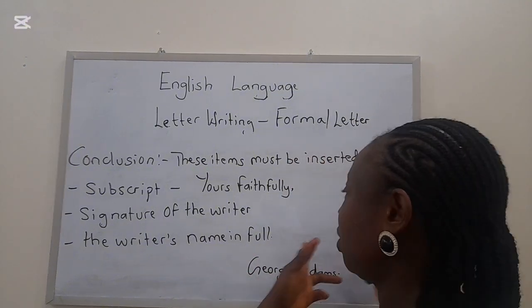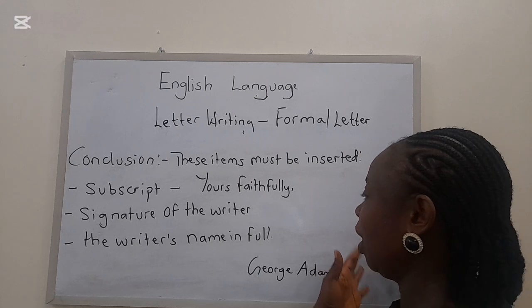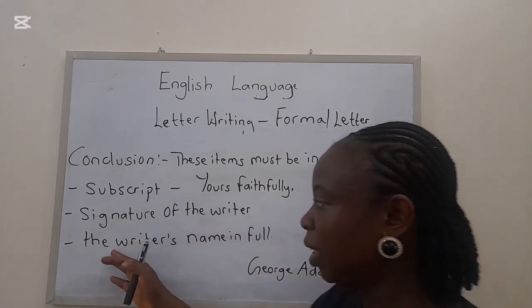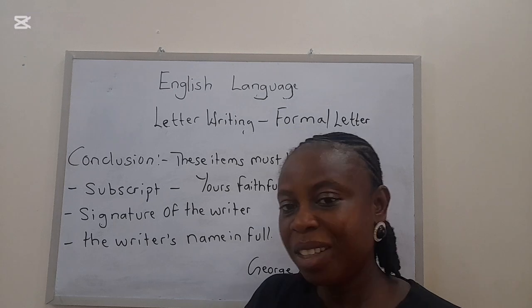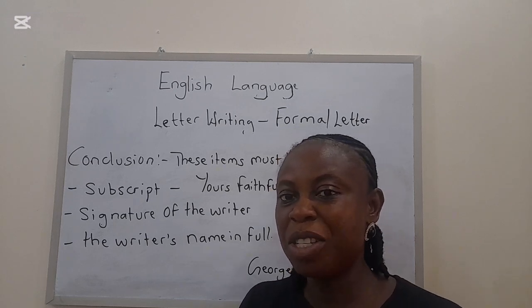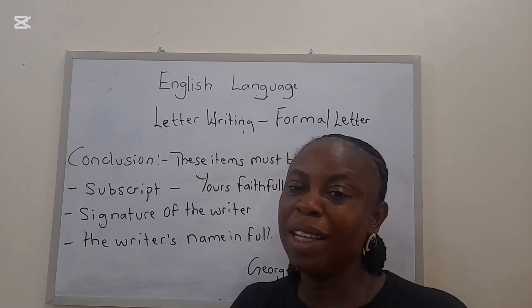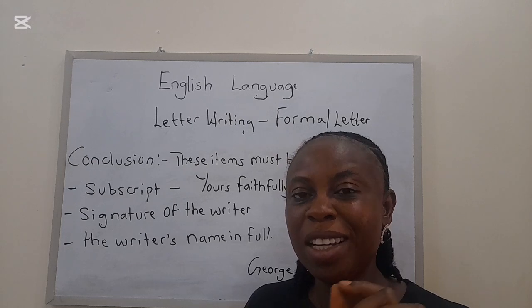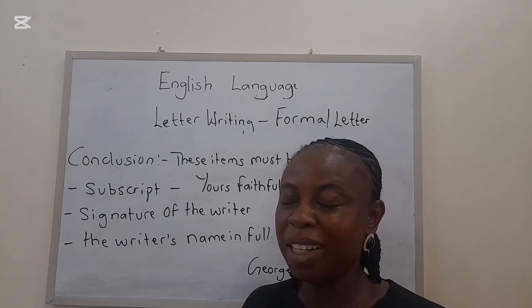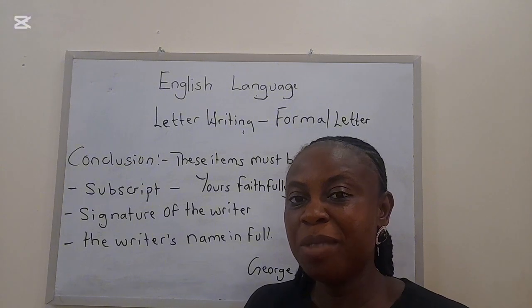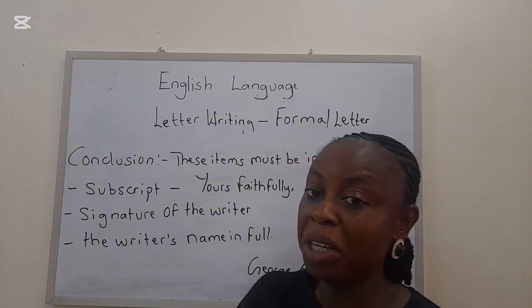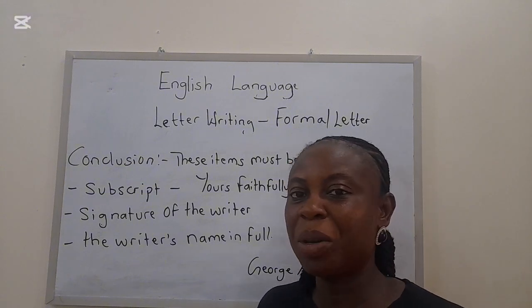So you put your signature after the Yours faithfully, and the writer's name in full. You can spell out the difference between the formal and informal. In an informal letter, only your name is required. But in a formal letter, you have to include both names, your first name and your surname, depending on how you want to write it.